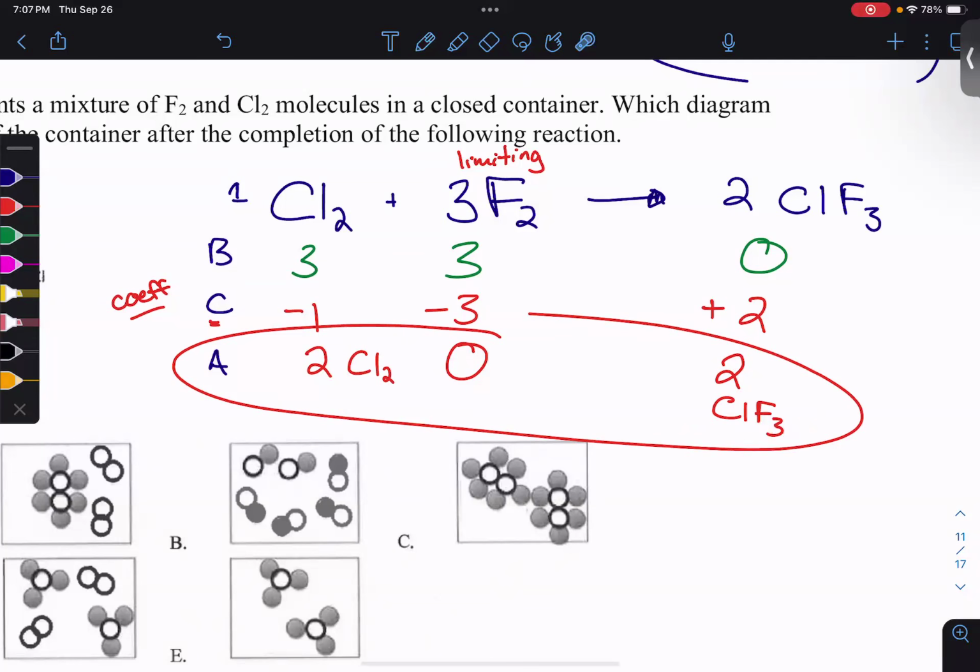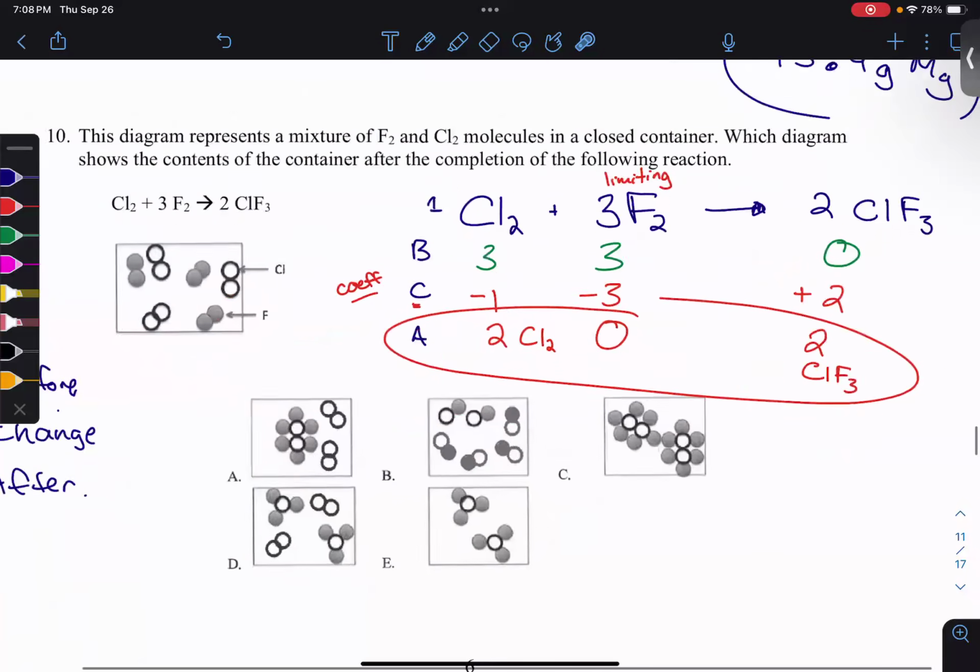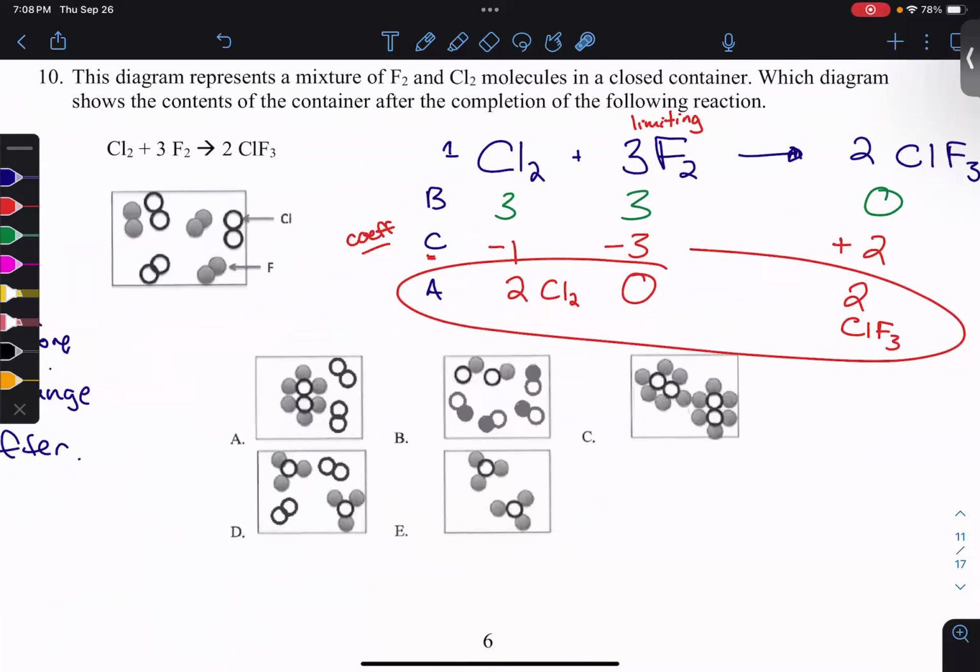These are what kind of compounds? Are they ionic or are they molecular? Molecular. So here's something kind of tricky here, because do you notice how some of these particles are globbed together? So we have to be careful because we want to make sure that our particle representation also matches what these compounds should look like.